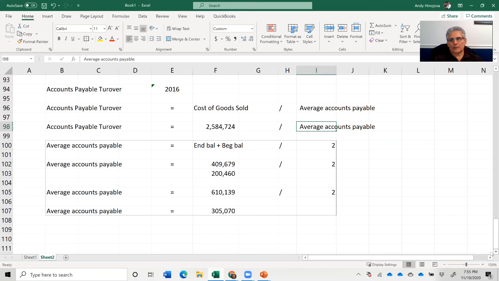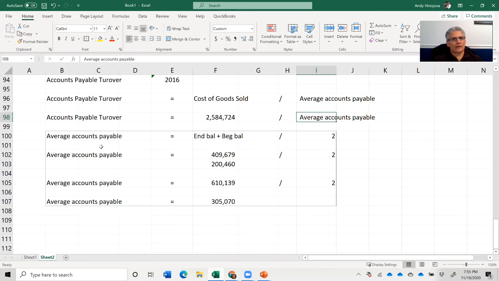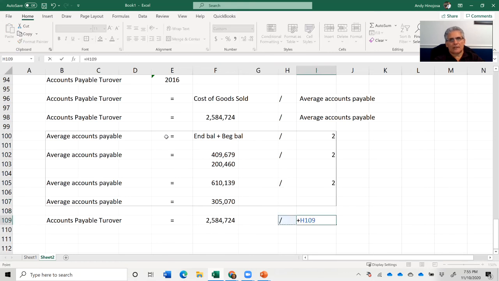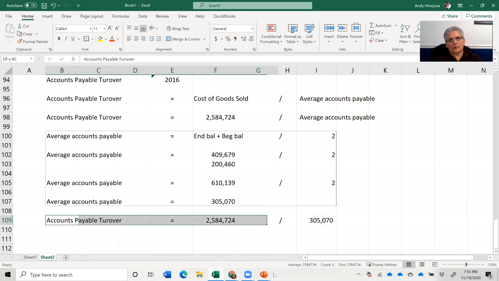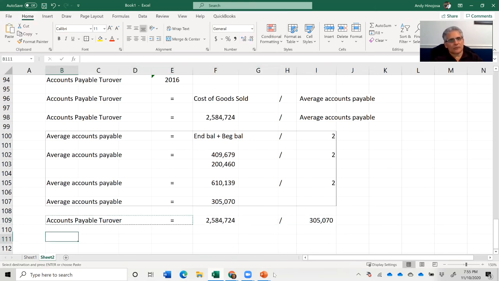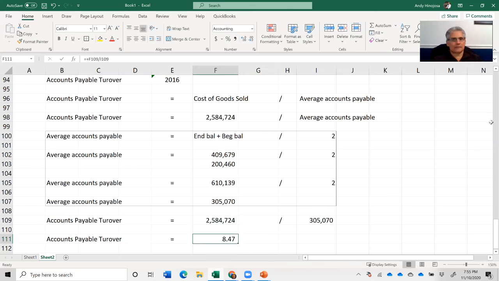So now we're in a position to finish this off. So cost of goods sold, divide that by average accounts payable, which is 305,070. So now the accounts payable turnover is equal to 8.47, rounded to the nearest 100.